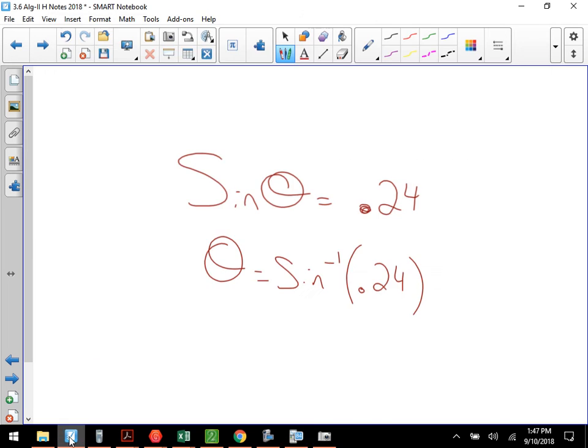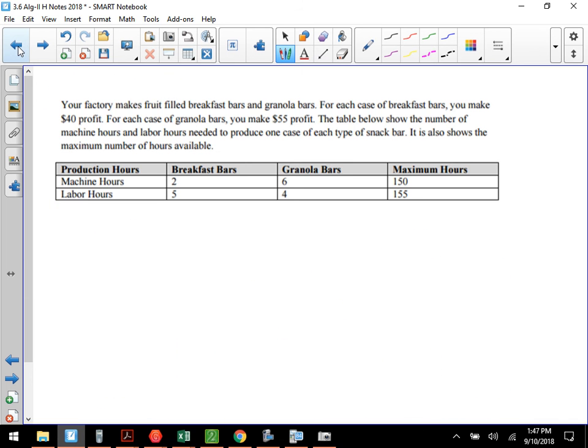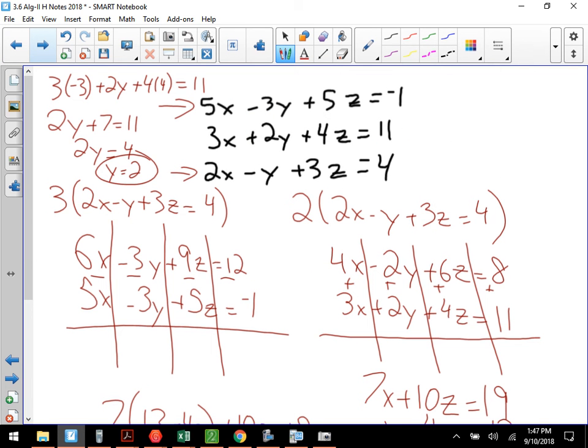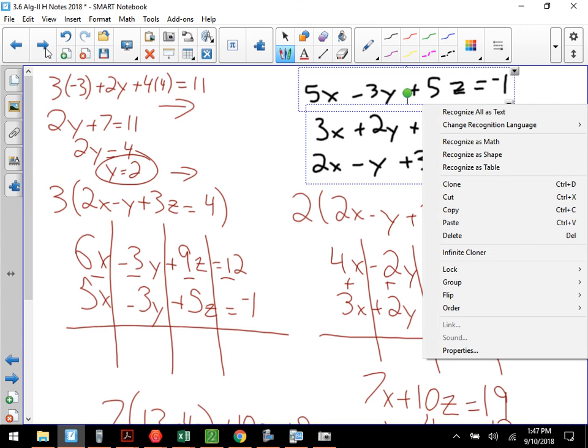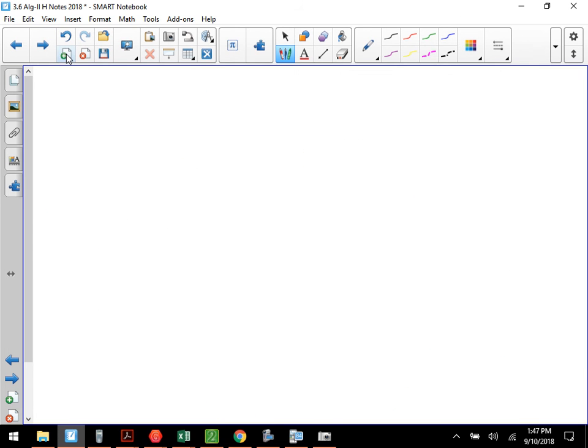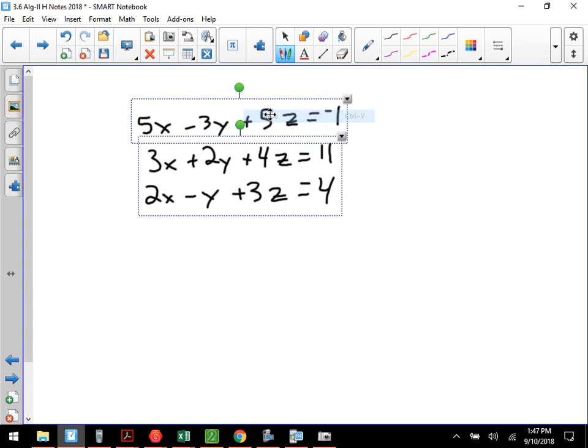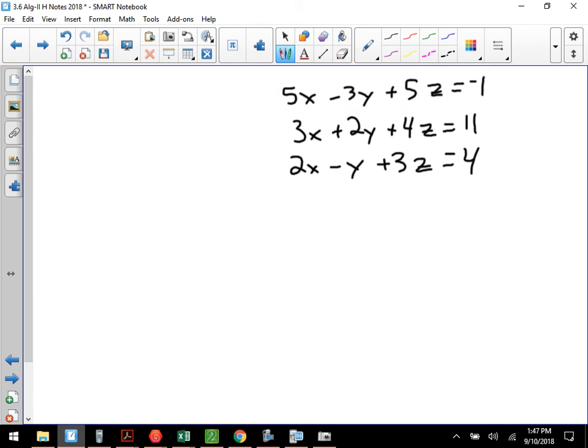So, back to this problem we did a second ago. See if you can follow where I'm getting these numbers from. You ever seen those before? What are they?